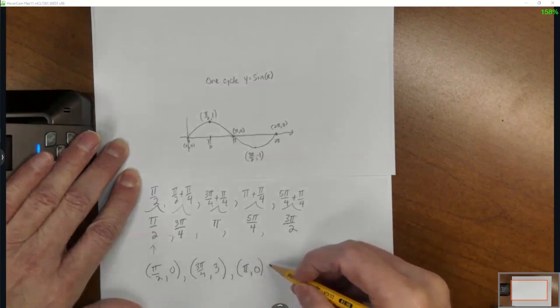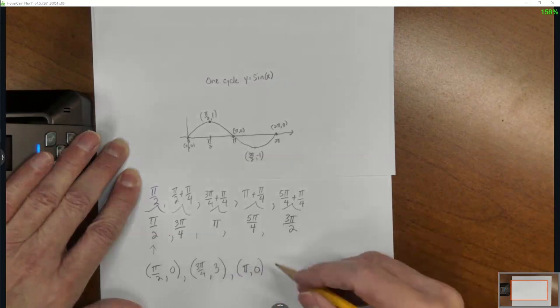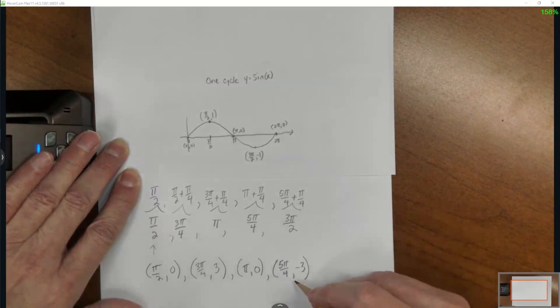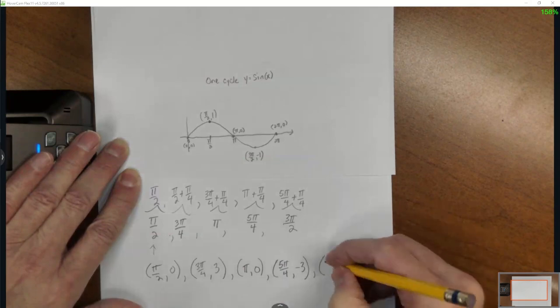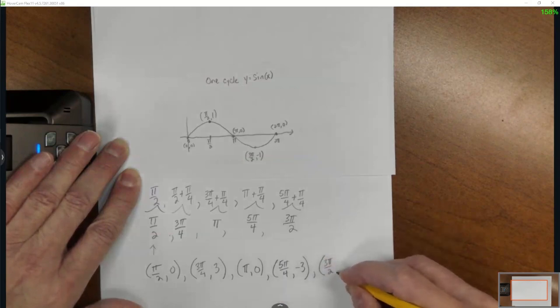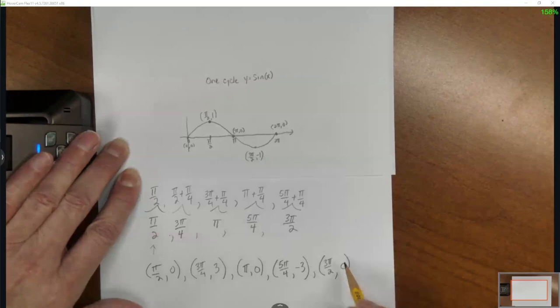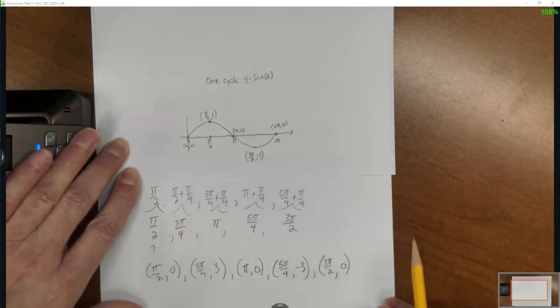And then 5 pi over 4. This takes us to the negative 3, the bottom. And then from there, we go back up to 3 pi over 2. And we're back at 0, ready to start a new cycle that we count by pi over 4s to get to subsequent key points.